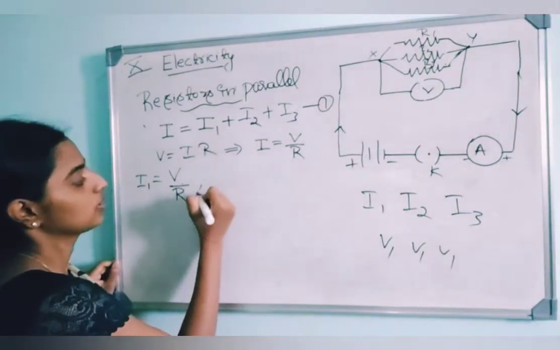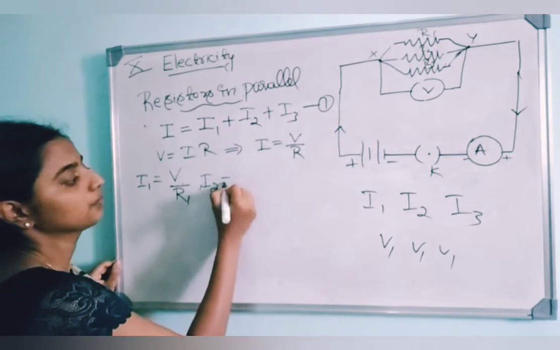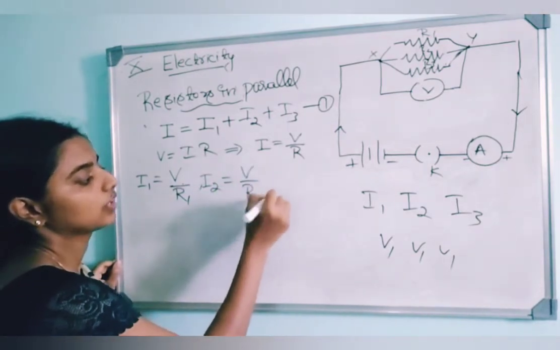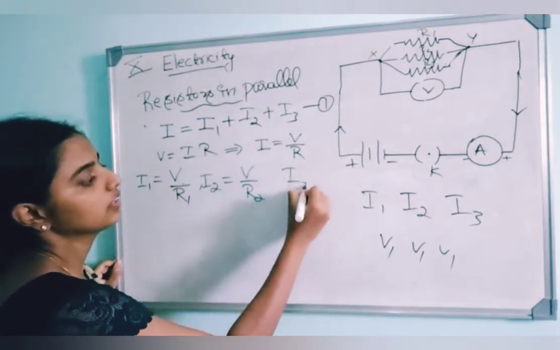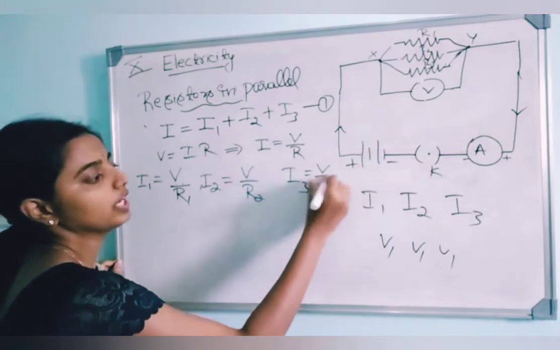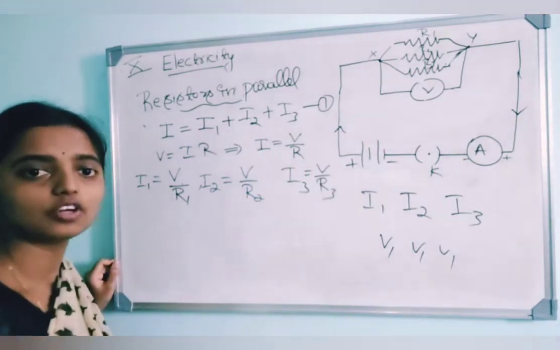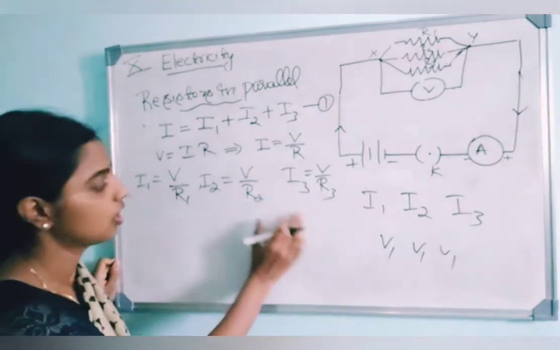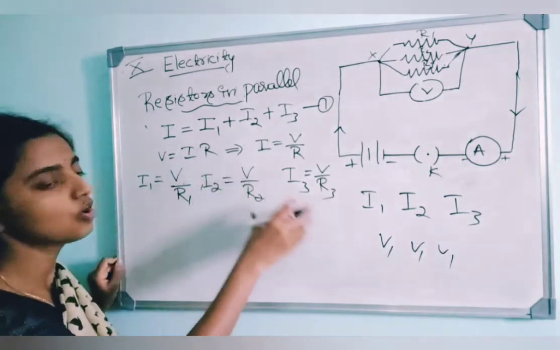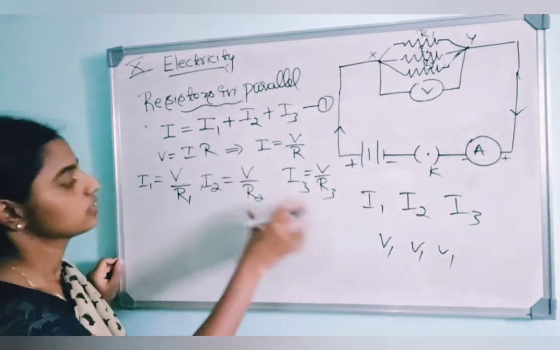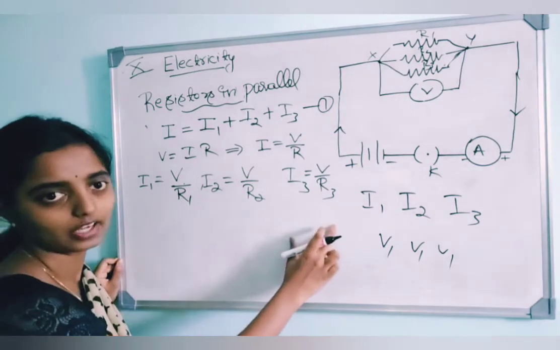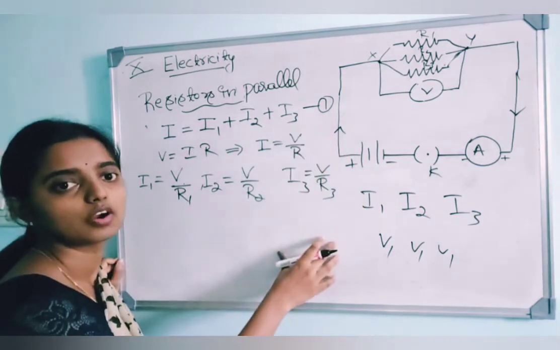Next, I2, that is V by R2. Next, I3, that is V by R3. Correct now? How did we get this? All the I values we got from Ohm's law. Now, substitute all the I values in equation 1.